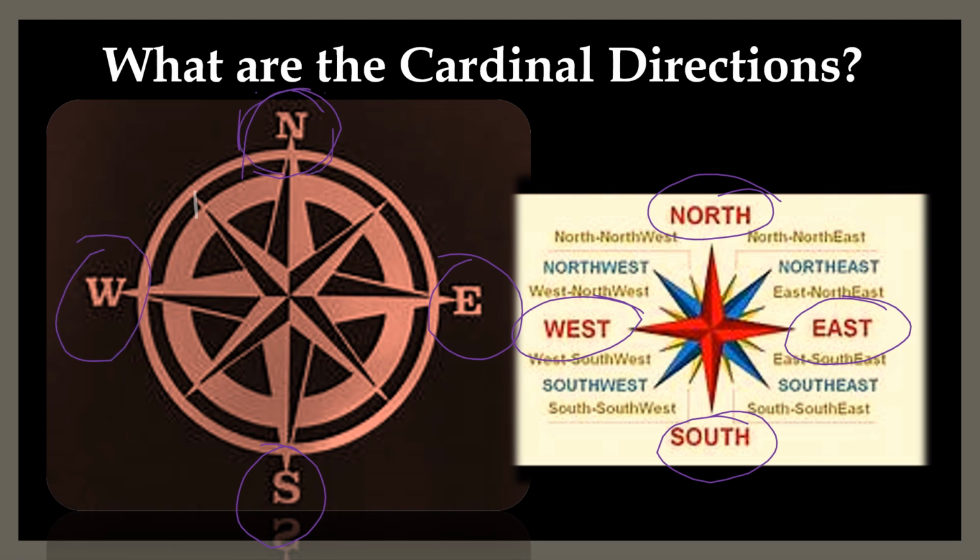North is always going to be at the top. South is going to be at the bottom. East is going to be on the right of our compass rose, and west is going to be on the left of our compass rose. This is to help us orient ourselves to maps as we're looking at them to make sure that we're getting the best basis of information whenever we are studying a specific location.